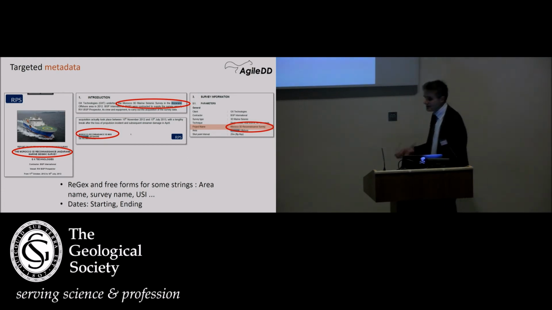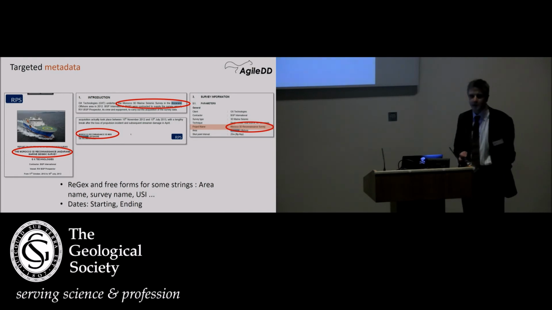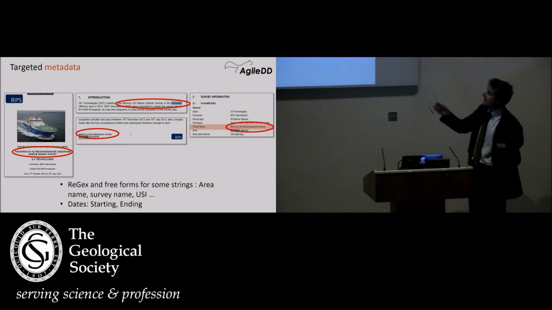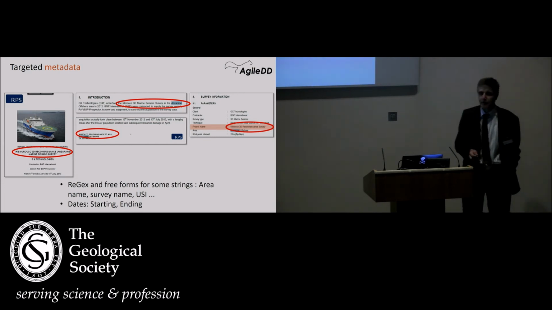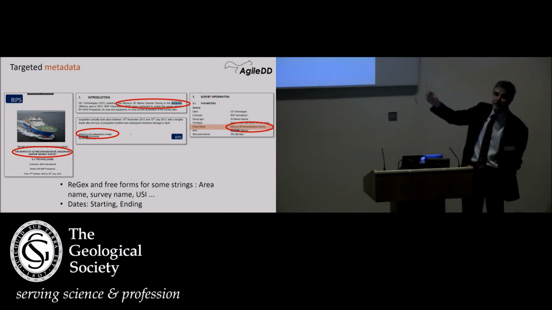Geophysicists are very good with numerical values, but with alphanumerical values, they are not so good. Here is an example of trying to extract the name of the survey, and you can see the number of variations for the survey name within the same document.